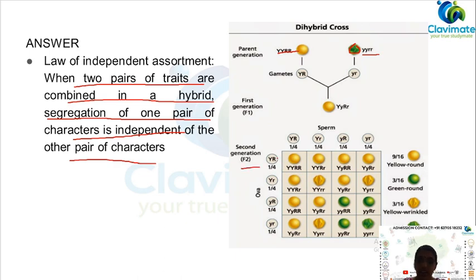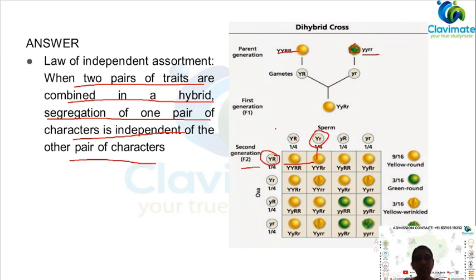That is, we have capital Y capital R, and small y small r, and they are segregated independently. How? You have capital Y capital R, and capital Y with small r also. So capital Y doesn't always come with capital R; capital Y can also come with small r. So they are segregating independently.